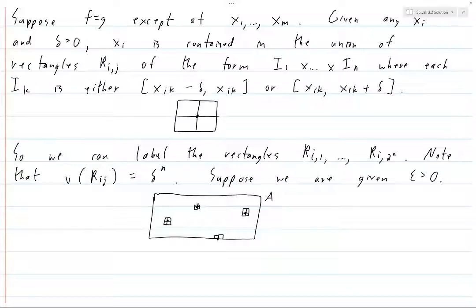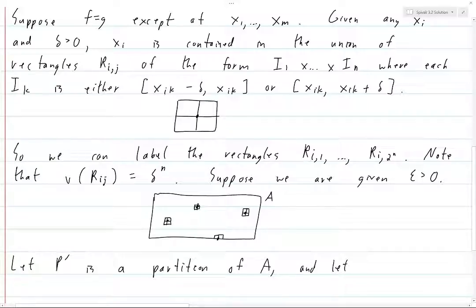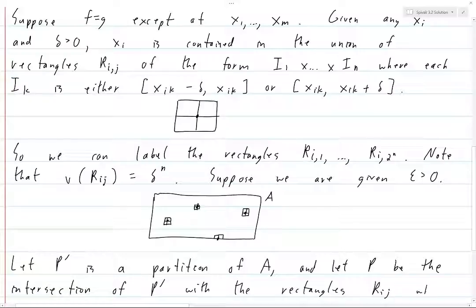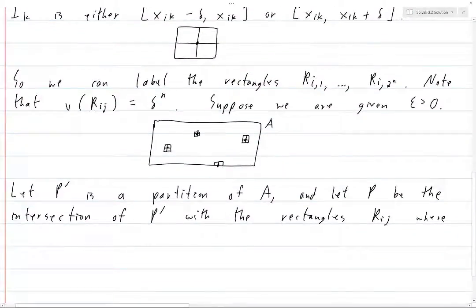Okay, so anyways, suppose we're given epsilon greater than 0. Suppose P prime is a partition of A, any partition, and let P be the intersection of P prime with the rectangles Rij, where i is going to be between 1 and m, and j is going to be between 1 and 2 to the n.